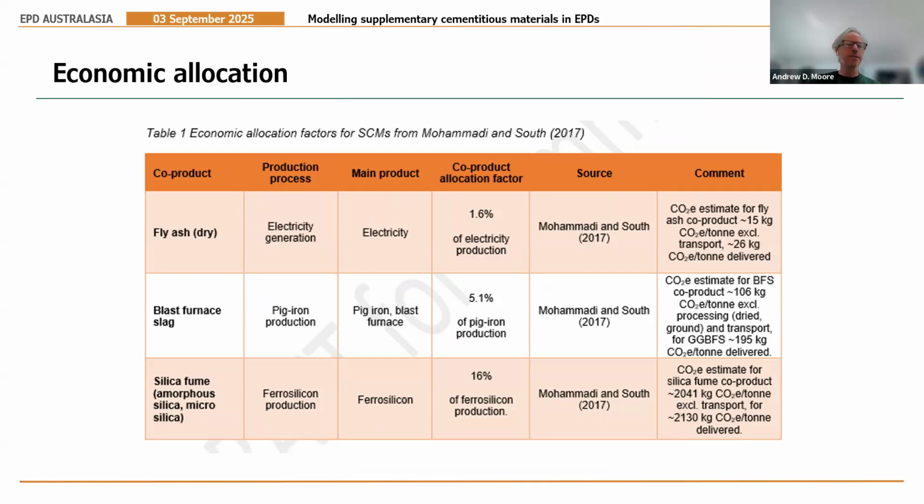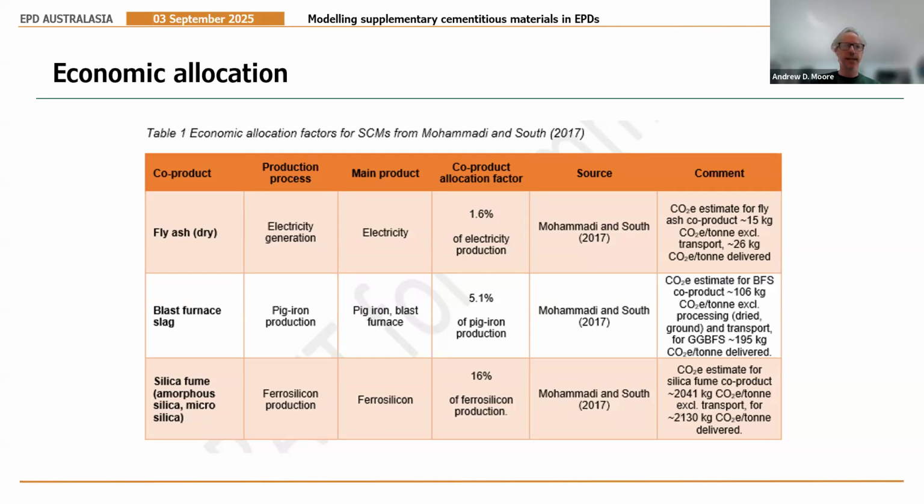That was published in a peer-reviewed journal paper, and they came up with co-product allocation factors based on economic allocation. So for the fly ash, it was around 1.6% of electricity production impact that should be allocated to the fly ash.